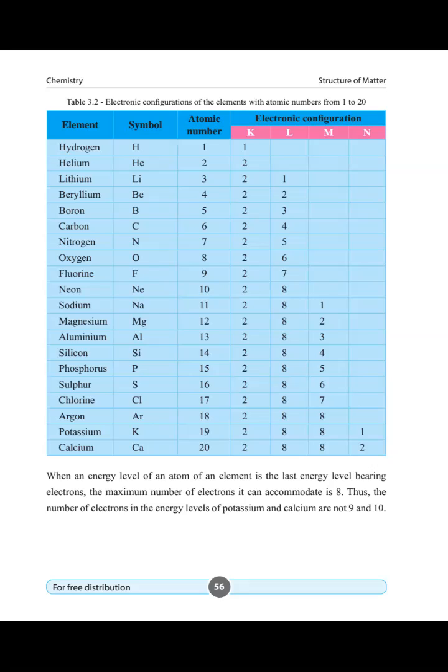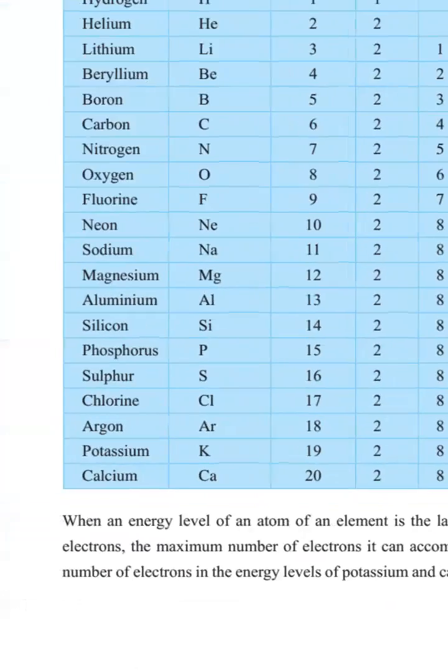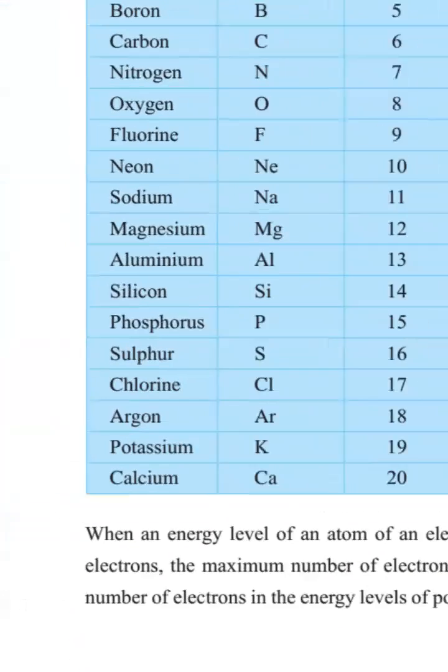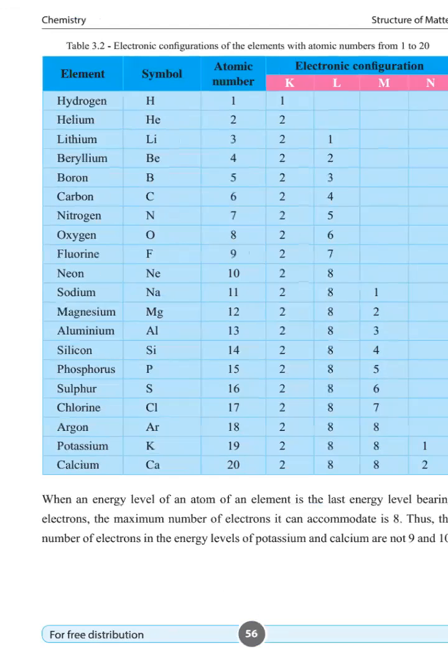For example, we'll take chlorine. Chlorine, it is 17, sorry. So, first energy level, there should be 2 electrons. Second, 8. That is now 2, 8. 7 electrons are remaining. That should be 2, 8, 7.